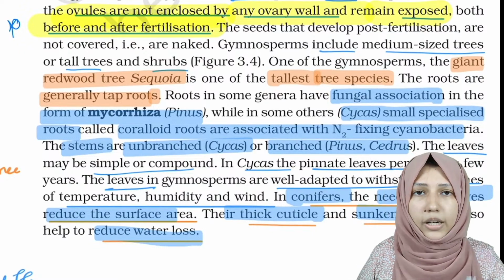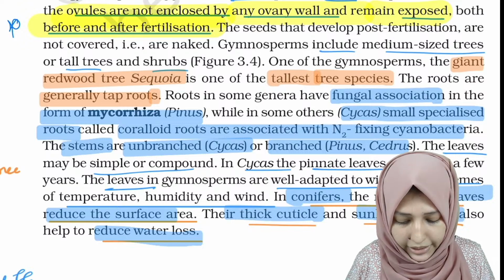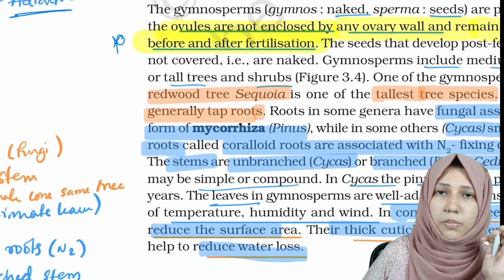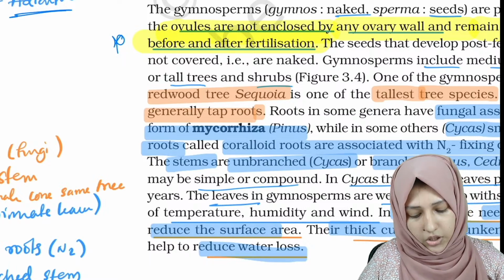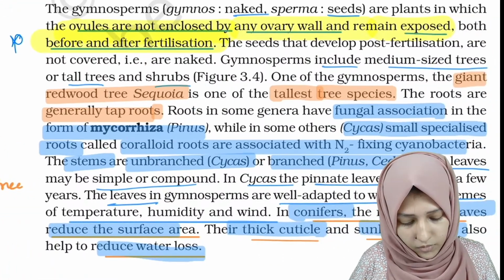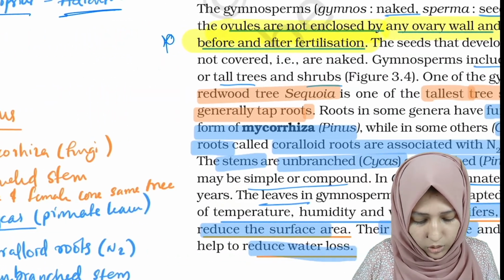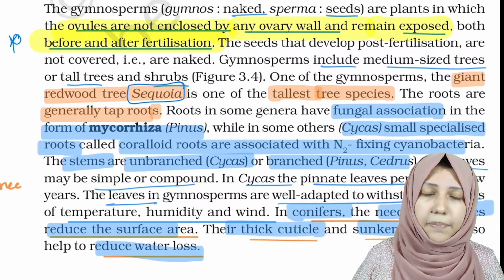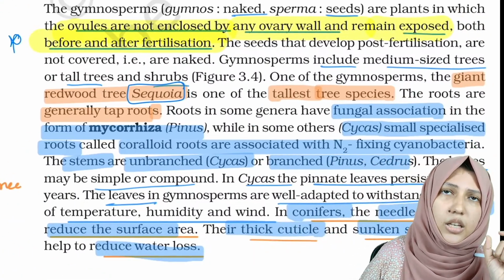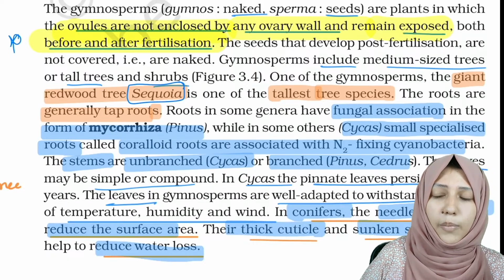And what all varieties are present inside the gymnosperms? Gymnosperms include medium-sized trees, tall trees and shrubs. It includes all types of trees, like medium-sized, large, shrubs, everything. Now this is the example that you have to note: Sequoia. Sequoia is a giant redwood tree. They can ask which group of the plant kingdom Sequoia belongs to.